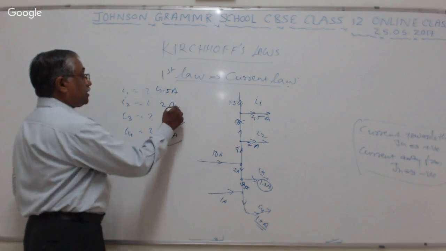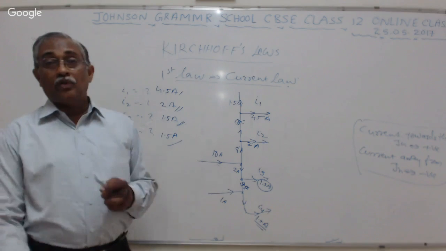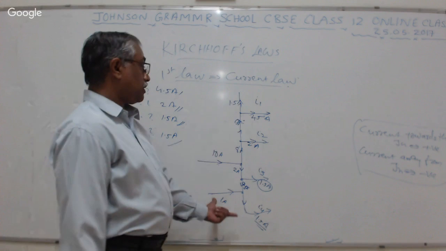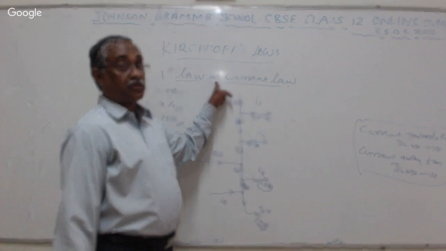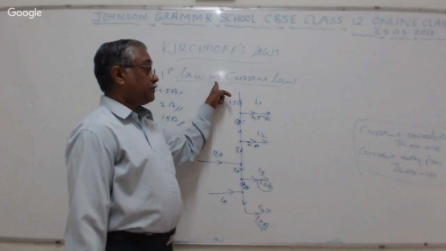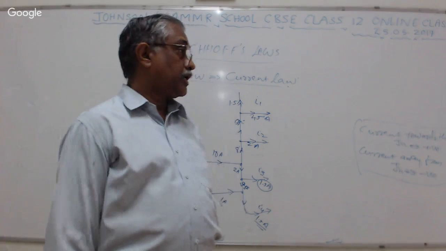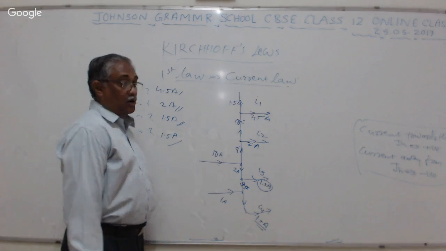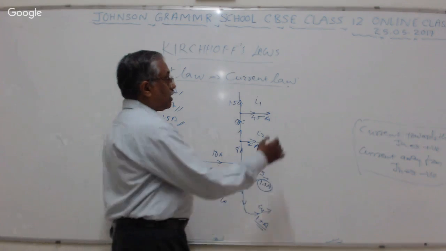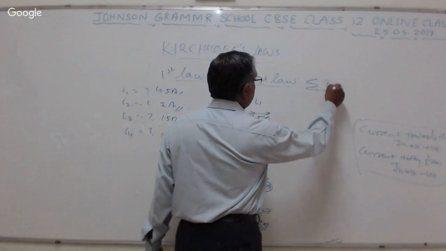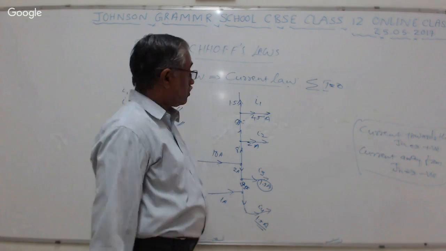So very easily, without much calculation, without using any equation, we could solve this problem because of Kirchhoff's junction rule. It means the total current coming towards the junction is equal to the total current going away from the junction, or in a simple way, sigma I is equal to 0, or net current at the junction is equal to 0.